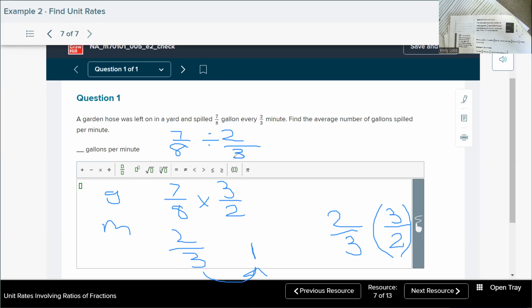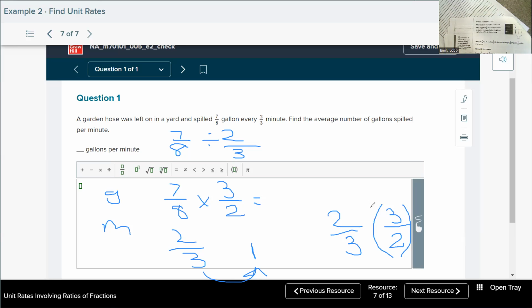So we're looking at ratio tables and how to divide, because in order to figure out this one, we had to multiply by a reciprocal. So it's the same thing, especially when both our numerator and denominator are fractions. So we kept the first, we changed to multiplication, we flipped the second. So now we're multiplying straight across.